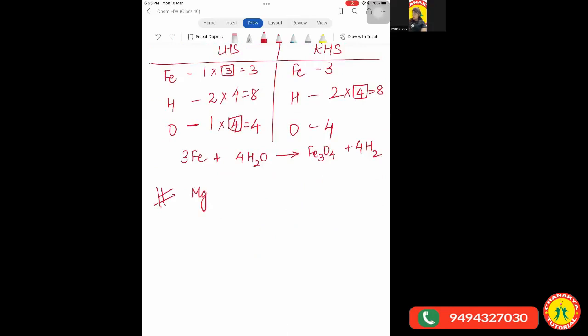Now let me see who can do it. Mg3N2 plus H2O gives us Mg(OH) whole twice plus NH3.